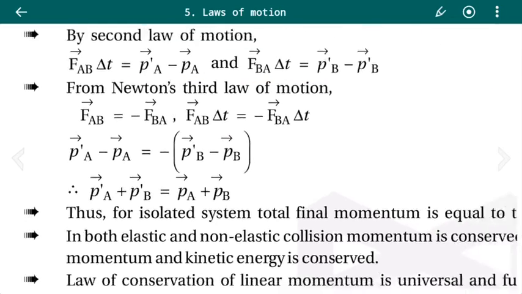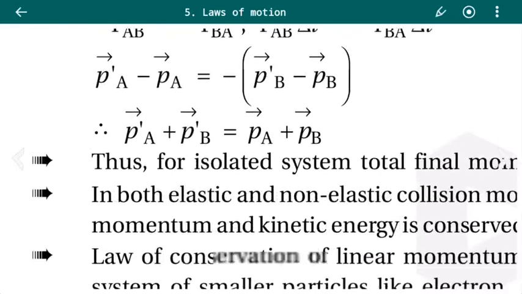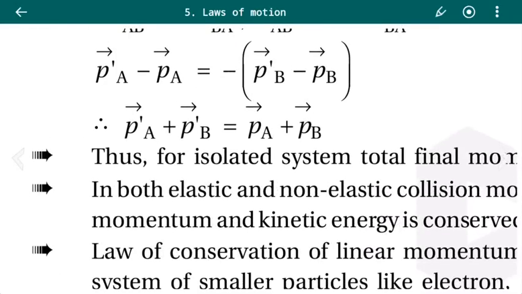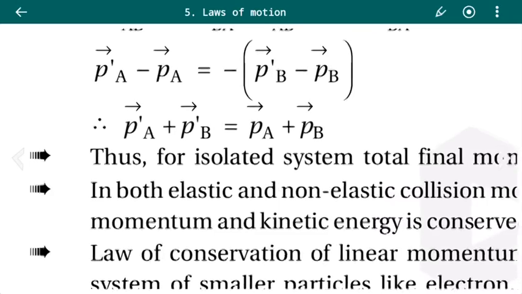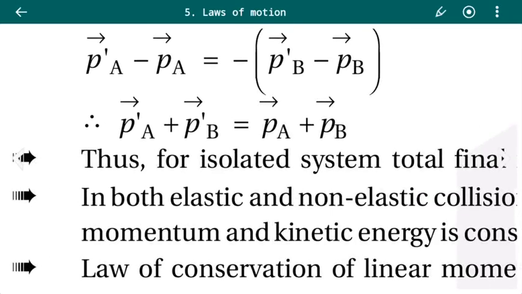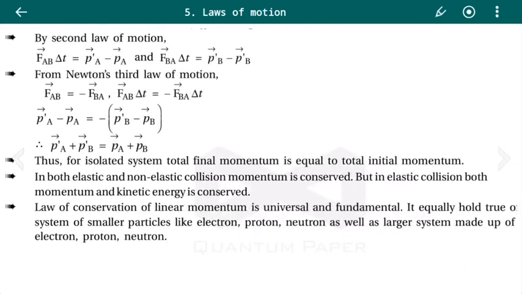So here we are taking the objects A and B as a system as a whole. We can say the final momentum of the system having objects A and B is equal to the initial momentum of the system having objects A and B. Thus for an isolated system, the total final momentum is equal to the total initial momentum. In both elastic and inelastic collisions, momentum is conserved.